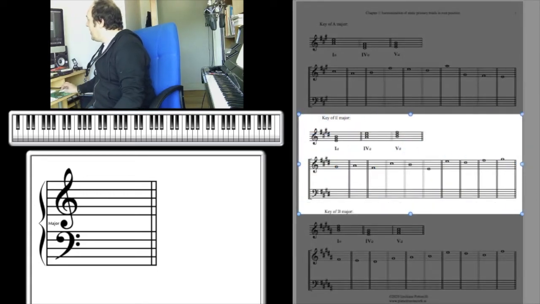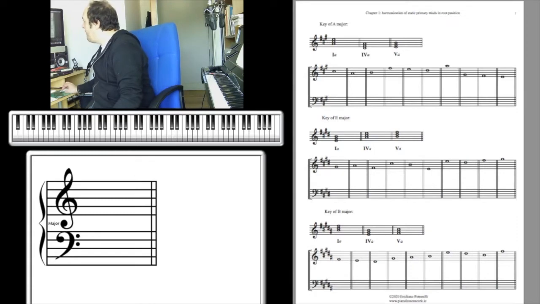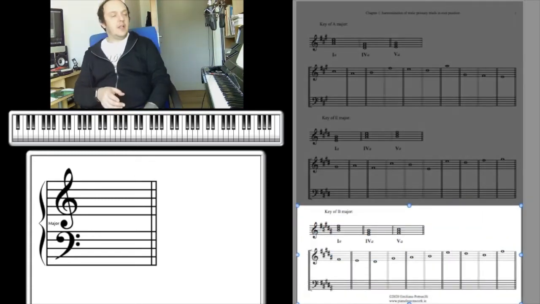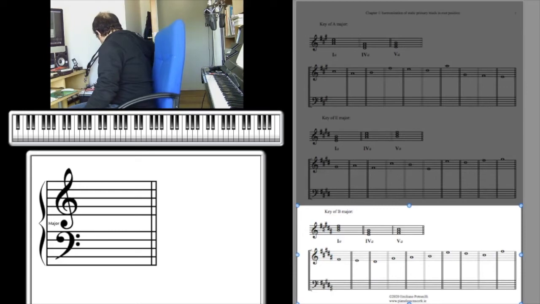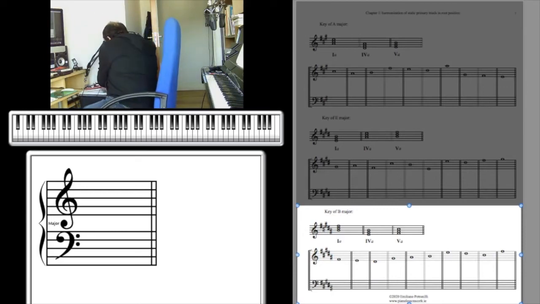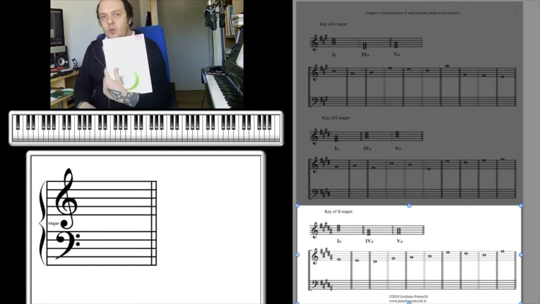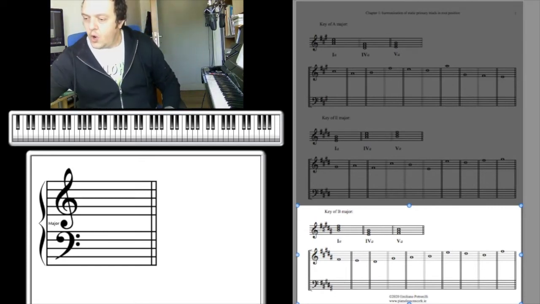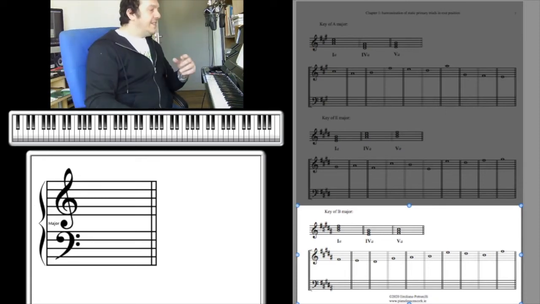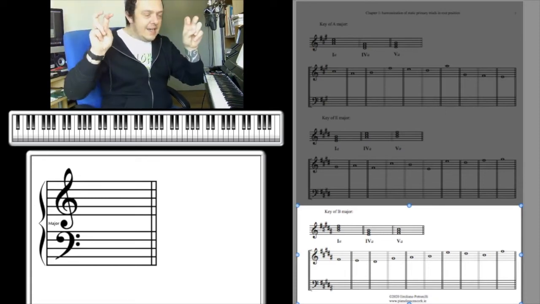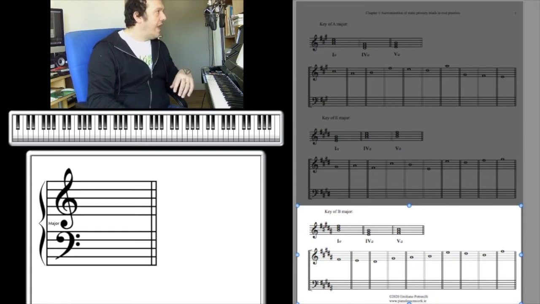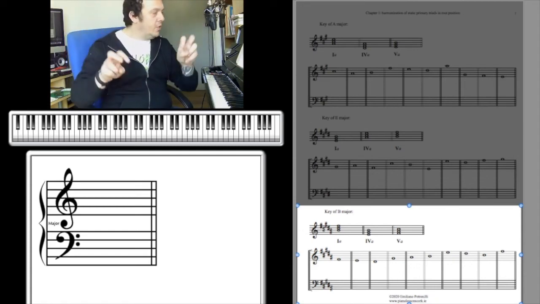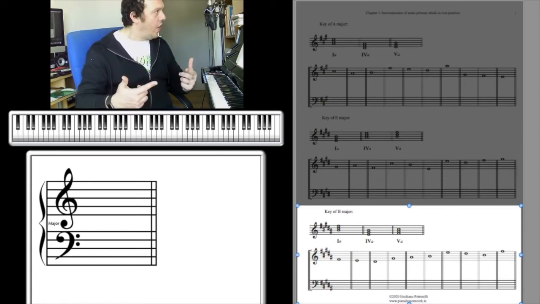Now, I get as far as 5 sharps and flats. In the grade 6 workbook, they say that the question is not likely to exceed 4 sharps or flats, but not likely to doesn't mean that it's not going to.